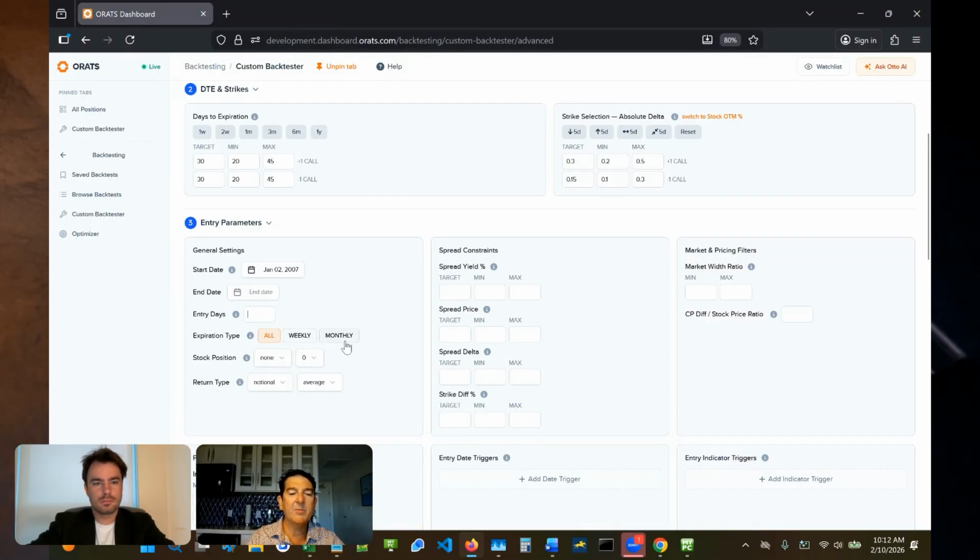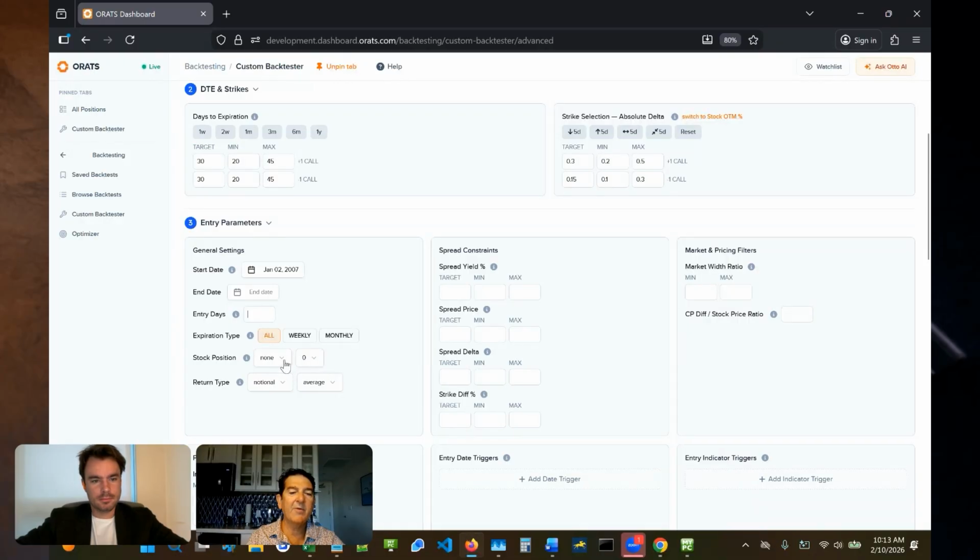Expiration type: you could use monthly only, if you don't want to trade the weeklies, and now there are a lot more weeklies coming out as they add more expirations, so you could avoid those because some of those are very illiquid when they start. And we'll talk about how to eliminate some illiquid names in a bit.